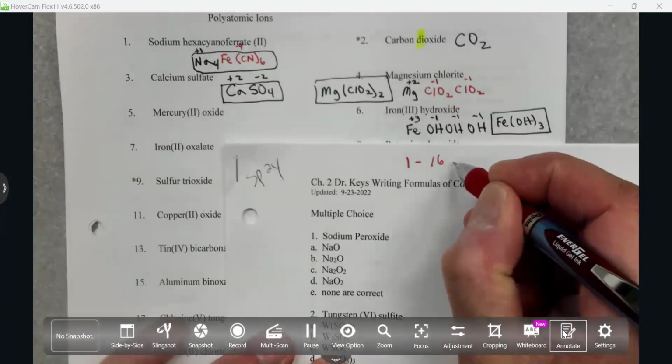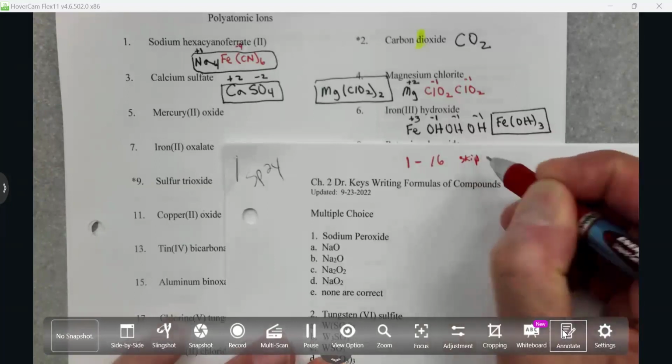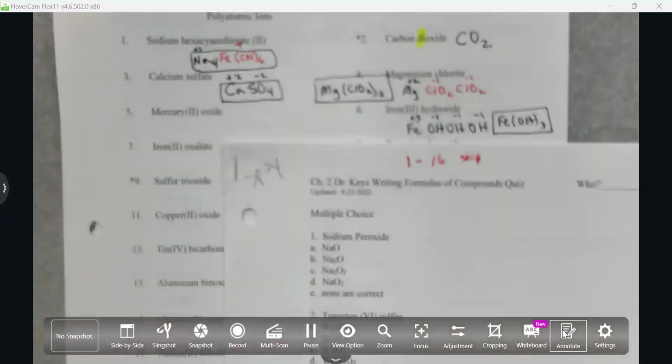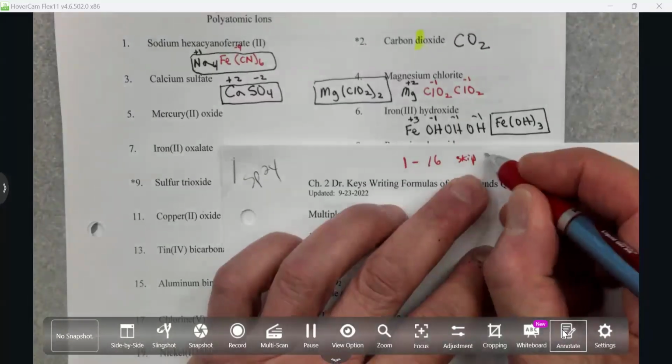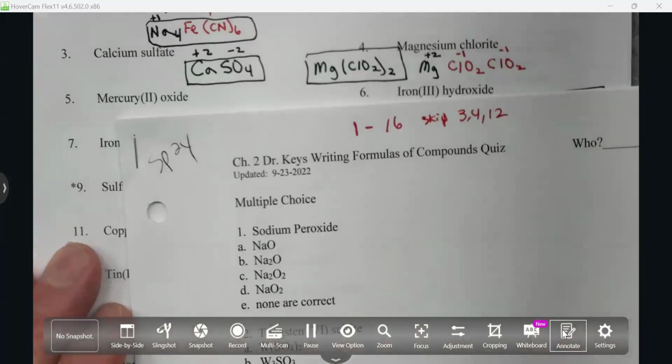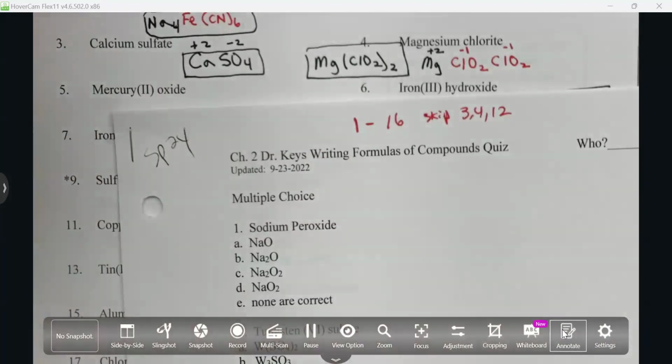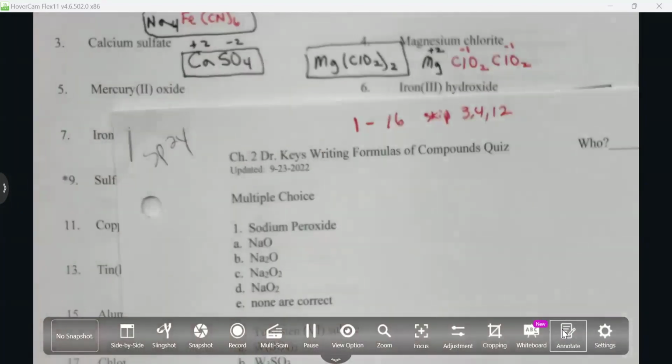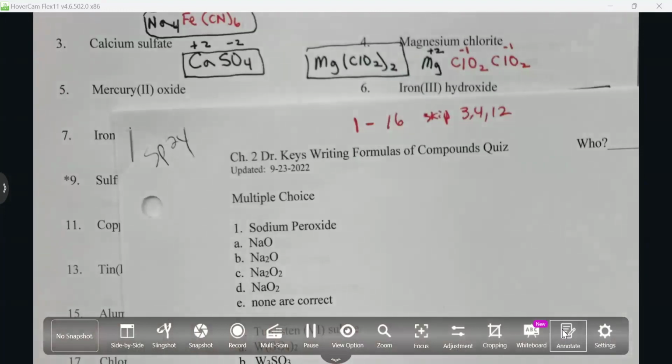On this quiz, I want you to do one through 16. Skip 3, 4, 12. One through 16, skip 3, 4, 12. On the other quiz, the other quiz is still 1 through 13.